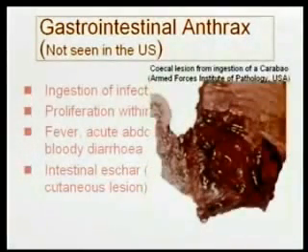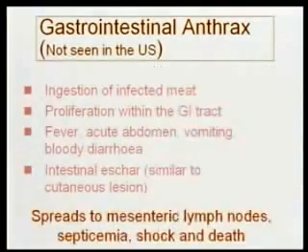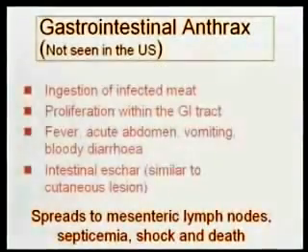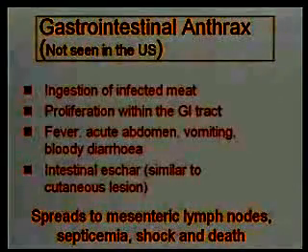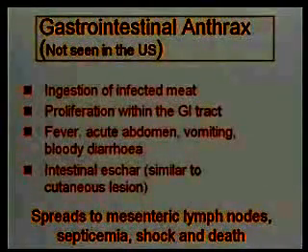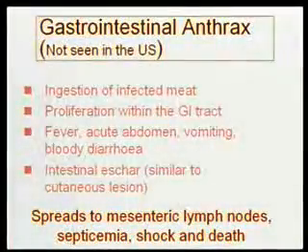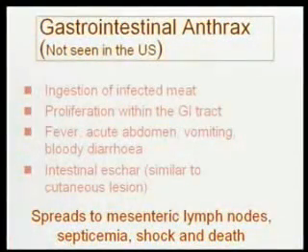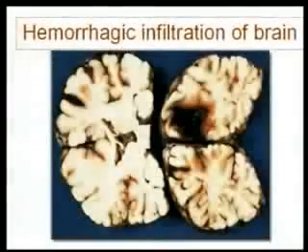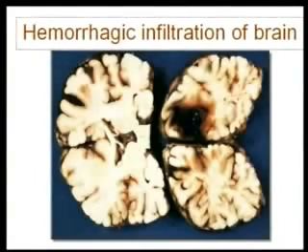One postmortem specimen here. From there it will spread to the lymph nodes, leading to septicemia, shock, and death. It can metastasize and migrate to the brain. Here is a darkened eschar-like lesion in the brain of an autopsy specimen.